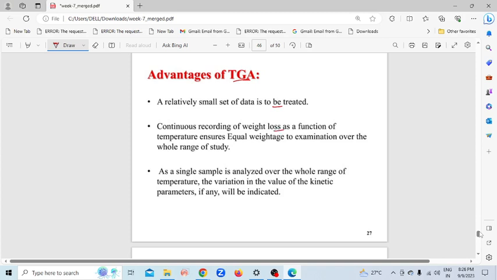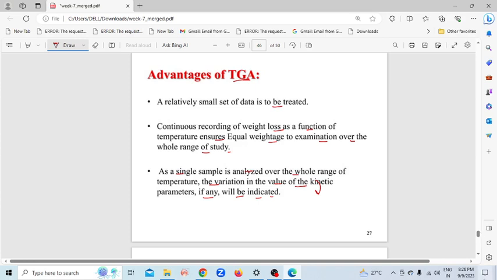Continuous recording of weight loss as a function of temperature ensures equal weightage to examine over the whole range of study. As a single sample is analyzed over the whole range of temperature, the variation in value of the kinetic parameter, if any, will be indicated. Kinetic parameter means what? If some phase transition is there, what type of chemical reaction is there, you can measure it also.